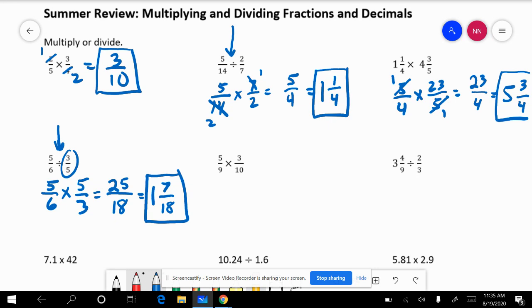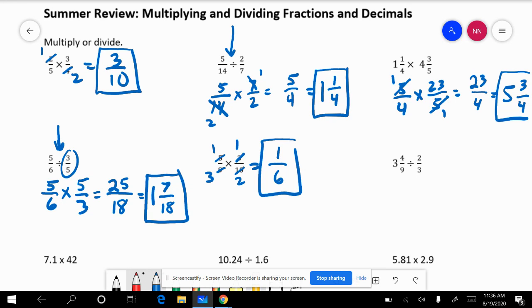Now looking at the next one, I see that the 3 and the 9 can cancel. I also see that the 5 and the 10 can cancel. Now I'm going to multiply across. 1 times 1 is 1. 3 times 2 is 6.